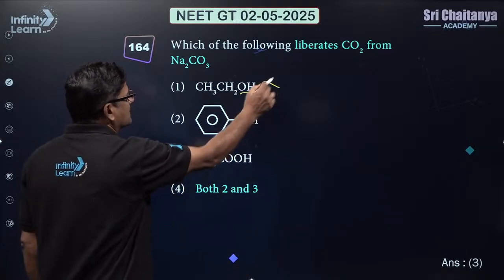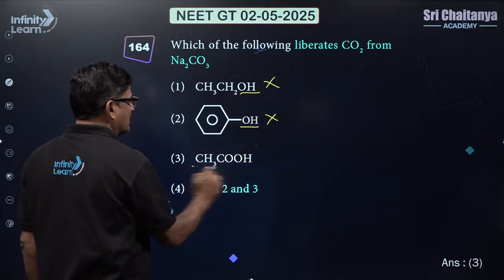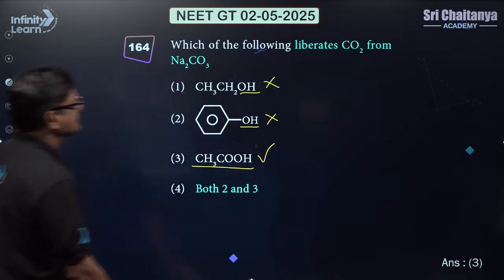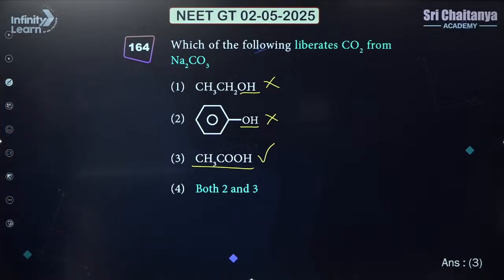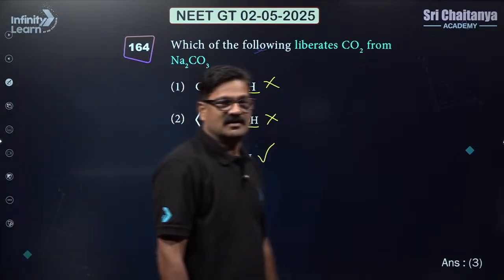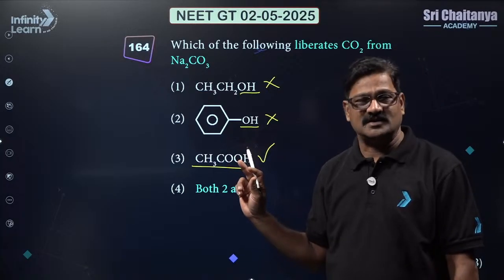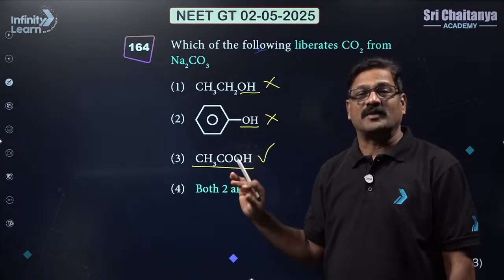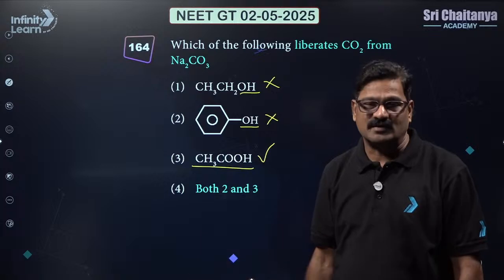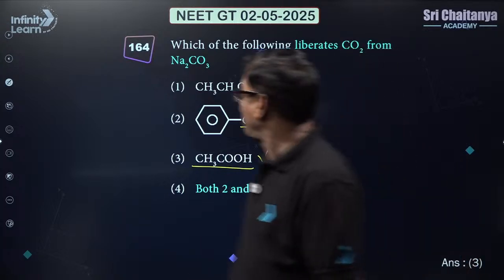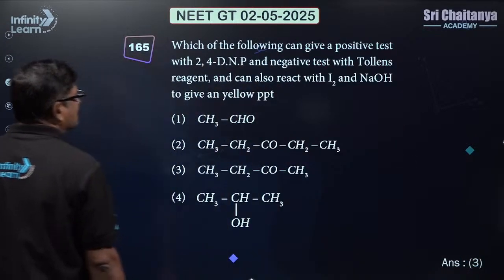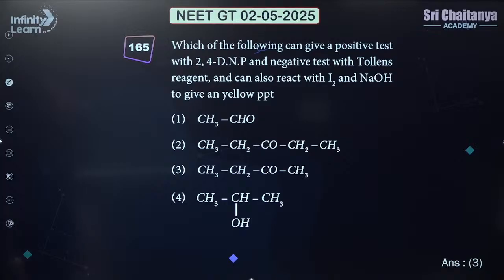Alcohols do not liberate, phenol do not liberate, carboxylic acid liberate. So answer is going to be 3. Carboxylic acid liberate. Phenol do not liberate carbon dioxide from sodium bicarbonate because carbonic acid is weak acid as compared to the phenol, right? And which of the following give the positive test for 2,4-DNP?